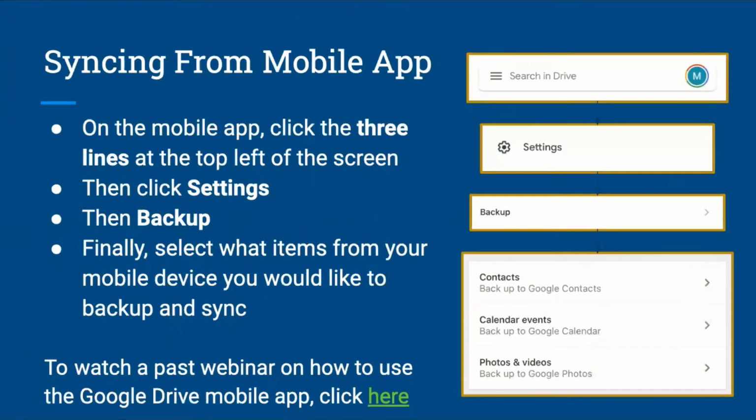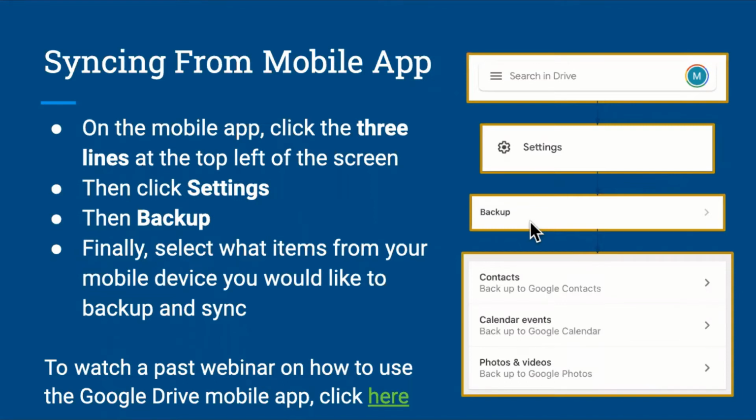Syncing from mobile app. On the mobile app, if you click this drop-down menu or the 3 lines, a whole bunch of things will pop up. So one of these things includes settings, which has the little gear icon. If you click on this, you will see an option to back up.